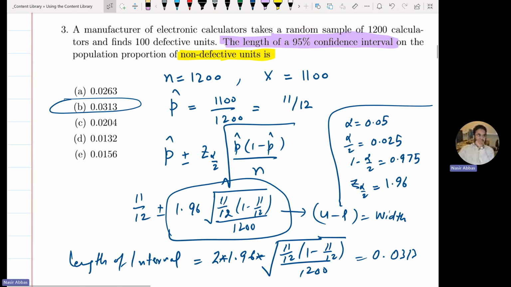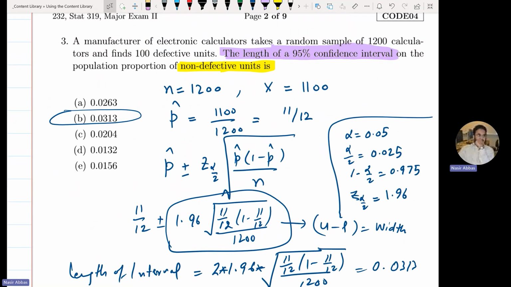Again, what was the important task in this question? To identify that it is a confidence interval for the proportion. Once you identify it is for the proportion, then you need to just sync the value of x with what is required.